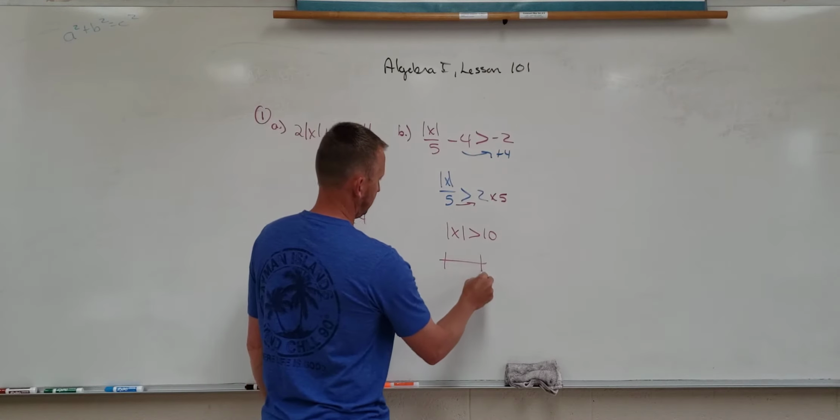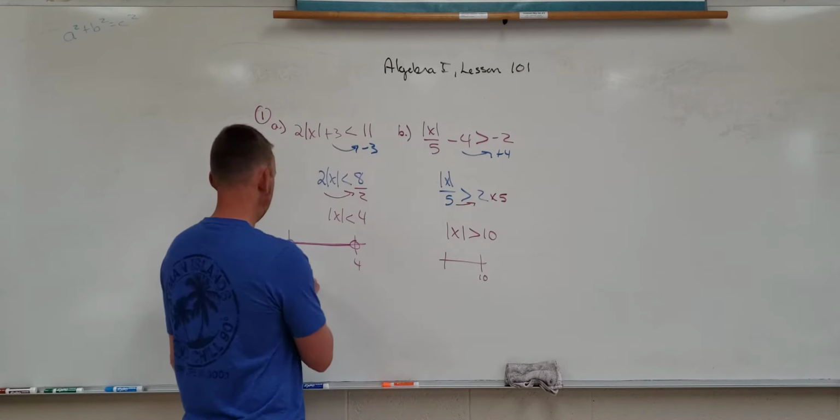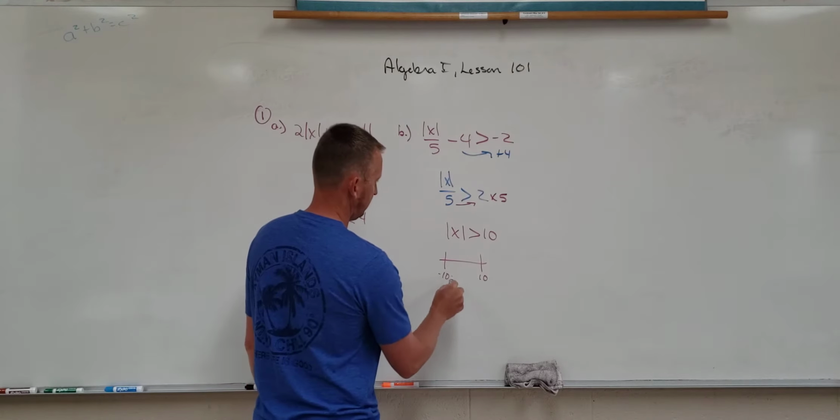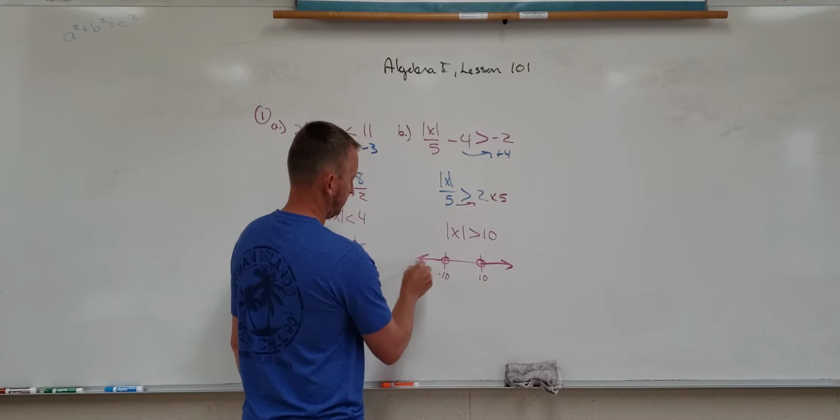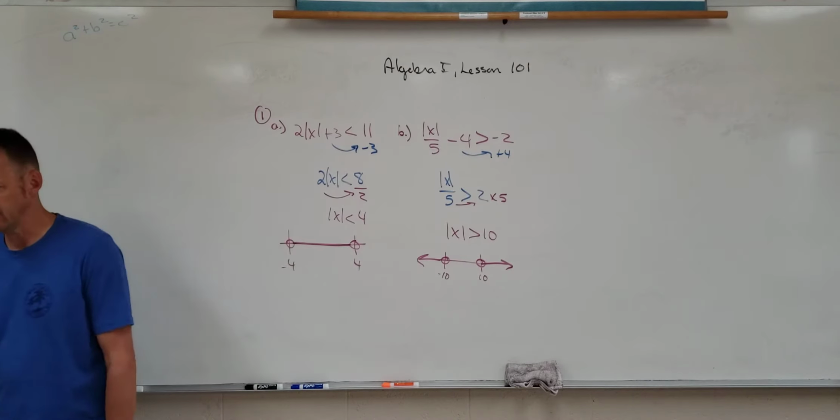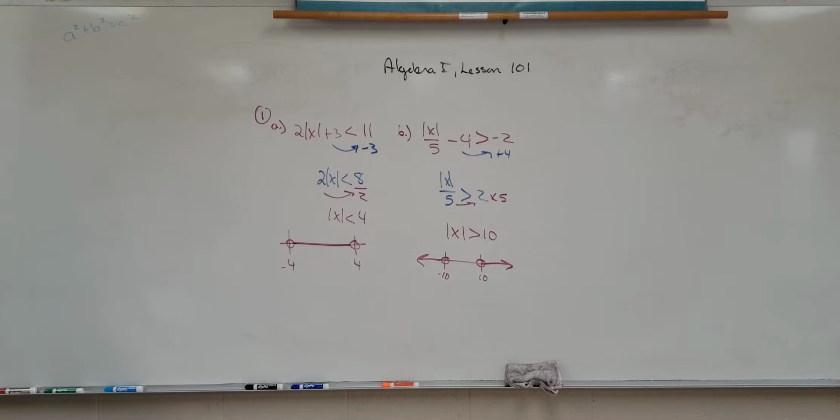So on our number lines, we have 10 and -10, and it's greater than, pointing in the opposite directions. Okay?